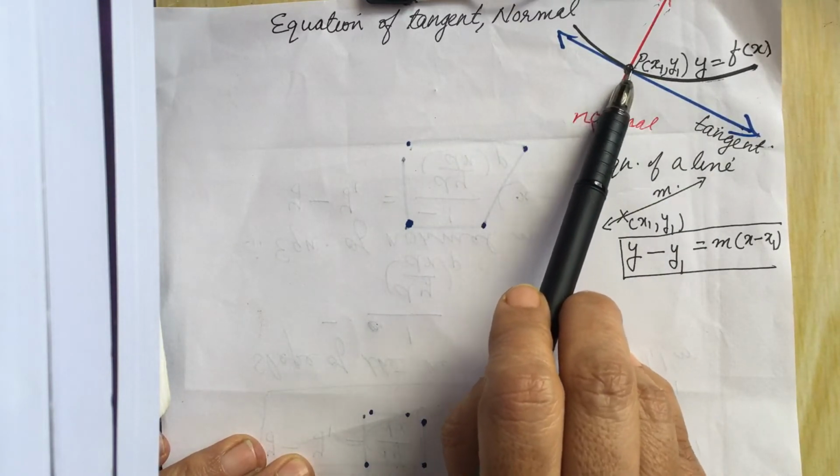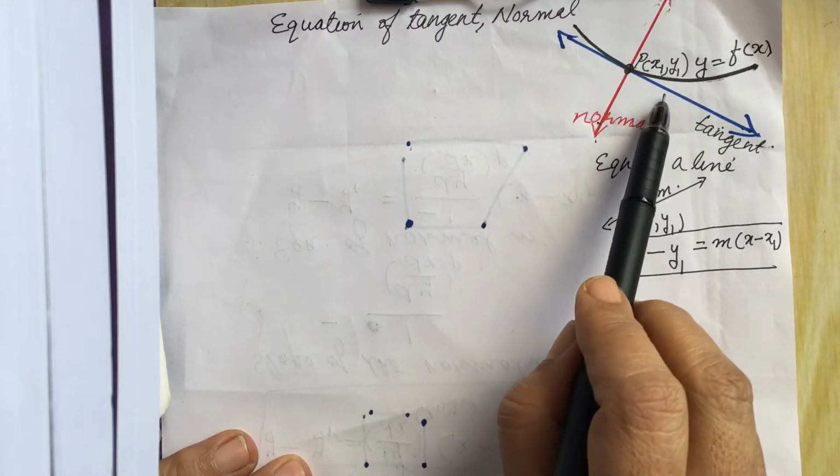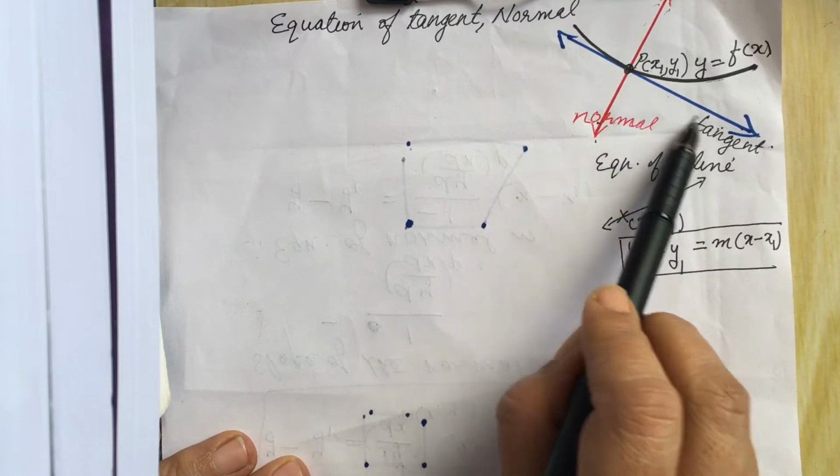Now, to write the equation of the tangent, the given point on the tangent is taken as the point of contact in most cases, and what else we require is the slope of the tangent.